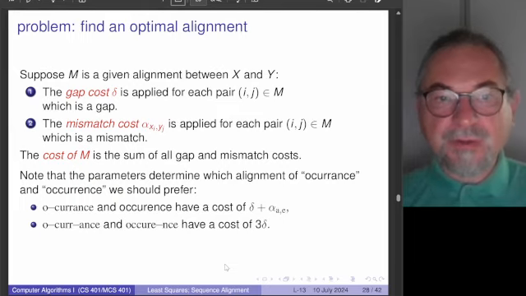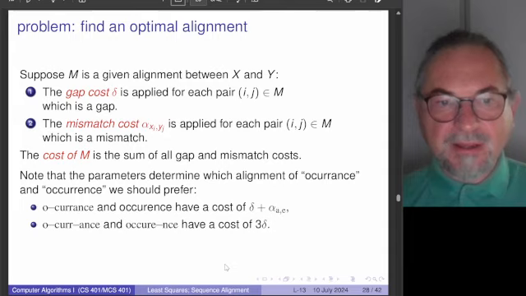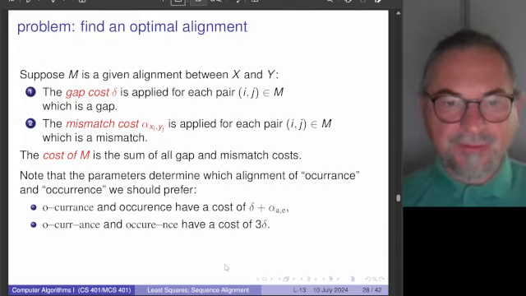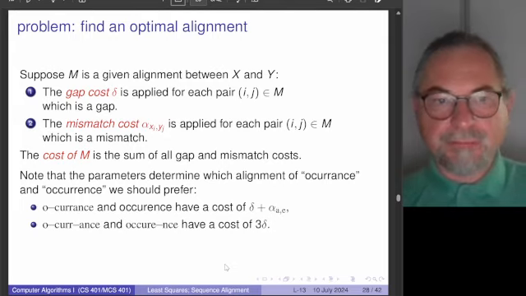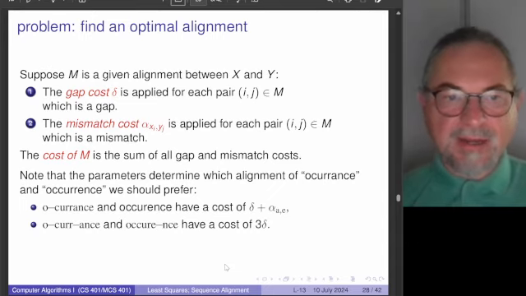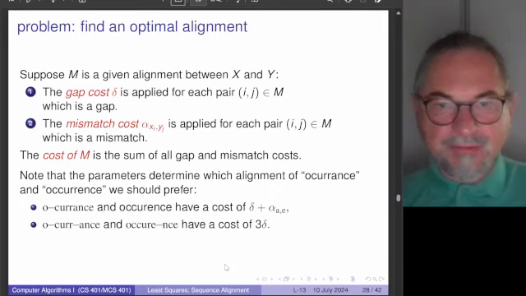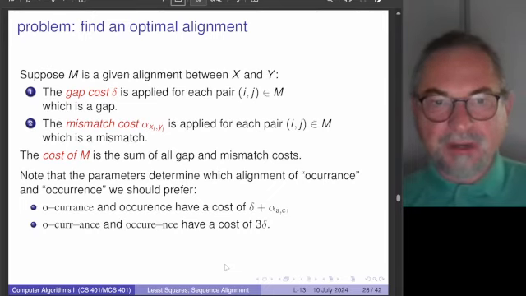So if we look at the two alignments, we have to compare the gap cost and the mismatch cost for the first example, and then compare this to the 3 times delta, because we have 3 gaps.